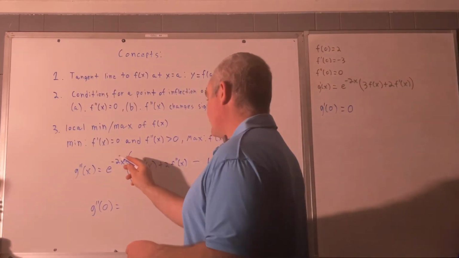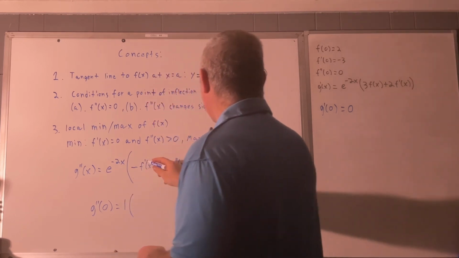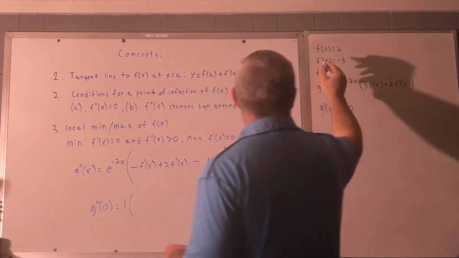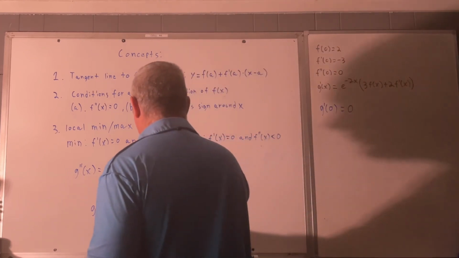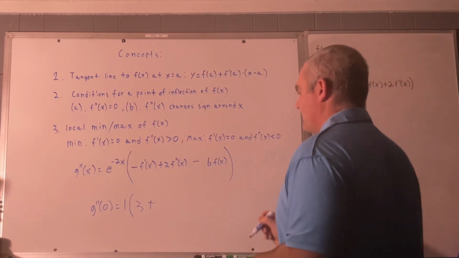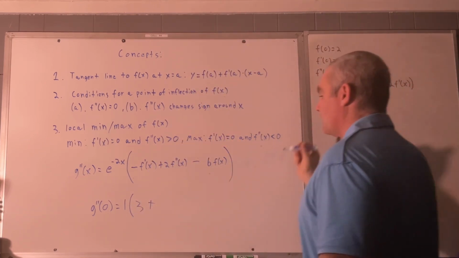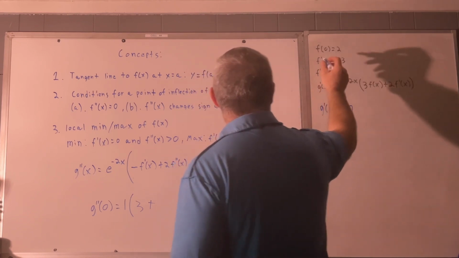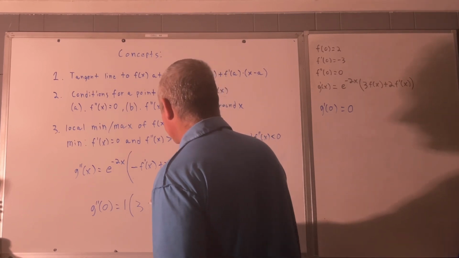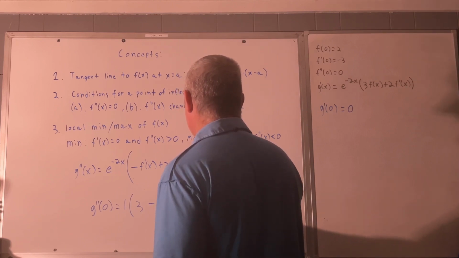That's equal to e to the 0, which is 1, times negative f prime at 0, negative negative 3, which is just 3, plus 2 times f double prime of 0, which is 0, so we'll ignore that part, minus 6 times f at 0. f at 0 is 2, so minus 6 times that is minus 12, which is equal to minus 9.